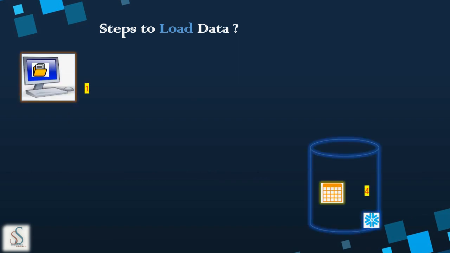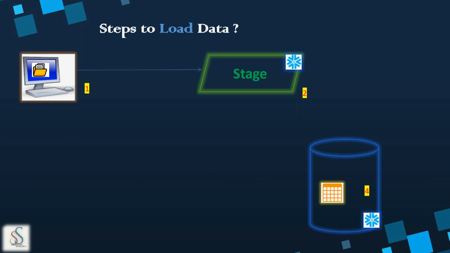So we have a local CSV file on our desktop, and we already created a table in the Snowflake. Now we have to bring the records from that local file into our Snowflake. For that, we have to follow some steps: we need to create the Snowflake stage, and put our local file into this Snowflake stage.